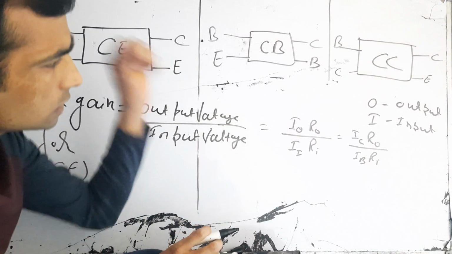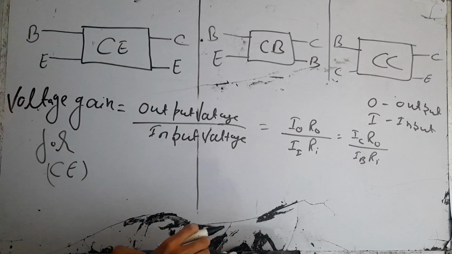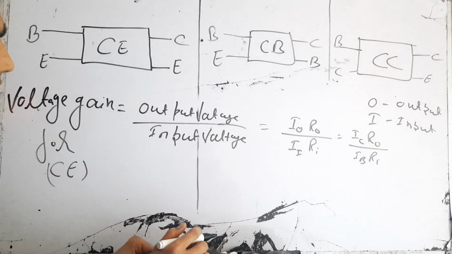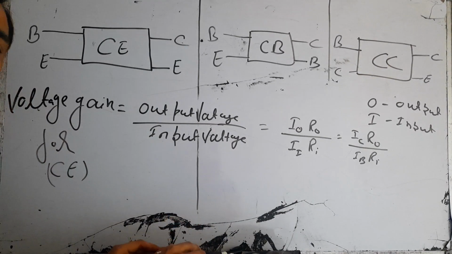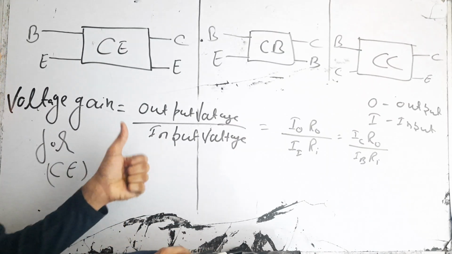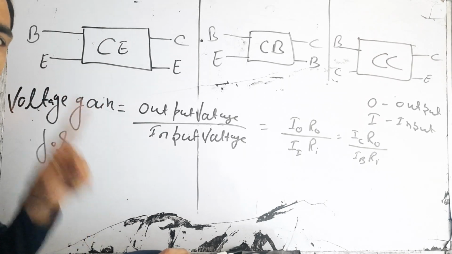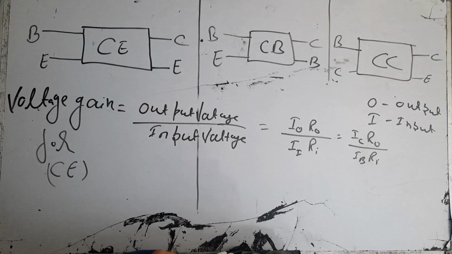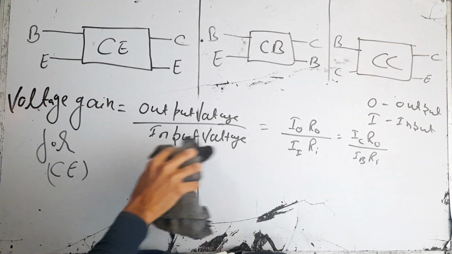Got it? So this is the formula for voltage gain for common emitter. Take a screenshot. Okay, done. I'm giving 5 seconds: 1, 2, 3, 4, 5. Done. Good.